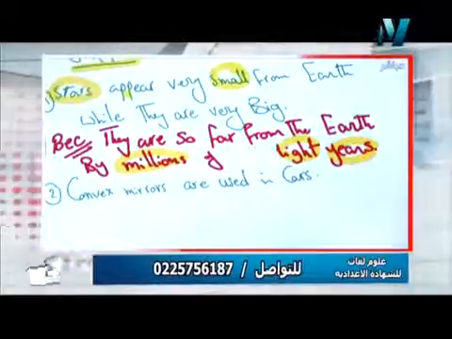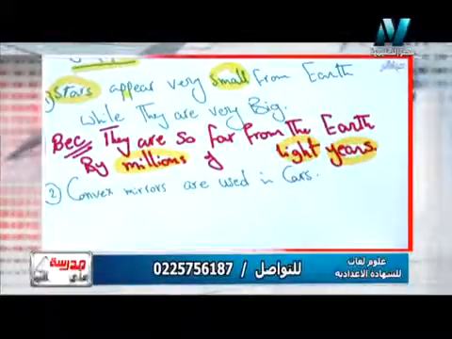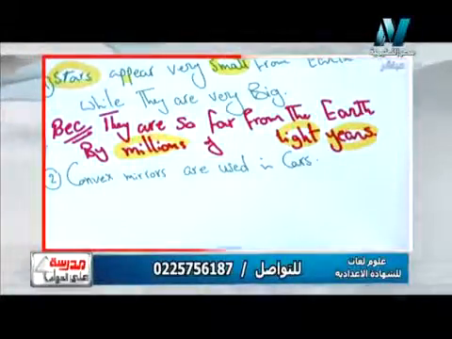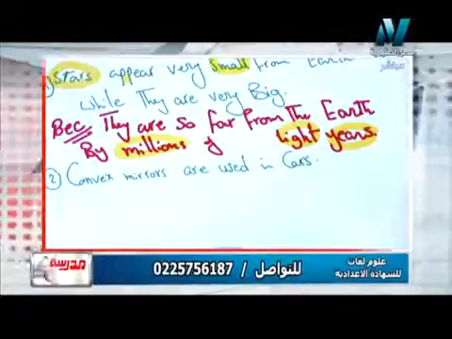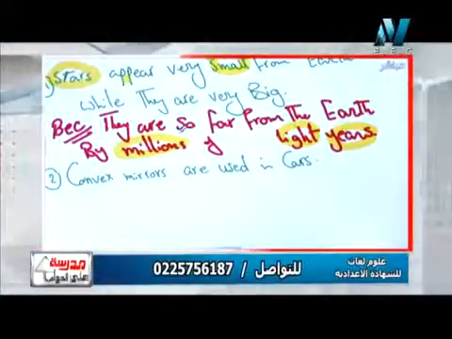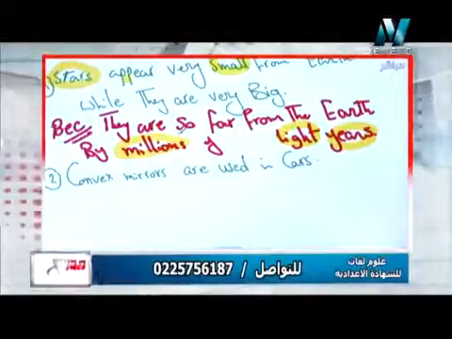Number 2 from unit 2 lesson 1. Convex mirrors are used in cars. We have two sides car mirrors. المرايتين اللي في جنب العربية right side and left side are what mirrors? Are convex mirrors. Why?